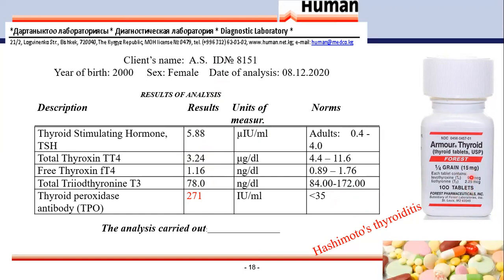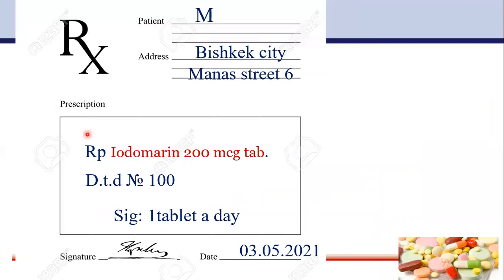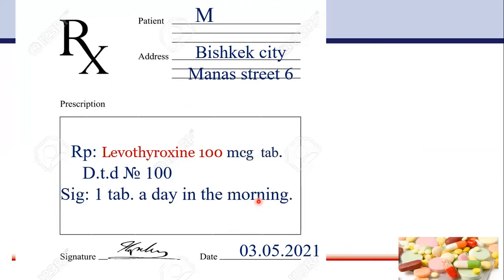15 milligram tablet. Okay, and as usual, you should be able to write a prescription in such a way. Rx. First of all, patient name, address, and then the prescription. For example, recipe Iodomarin, 200 microgram tablet, dentur tales doses number 100, and signature one tablet a day in the morning before breakfast.